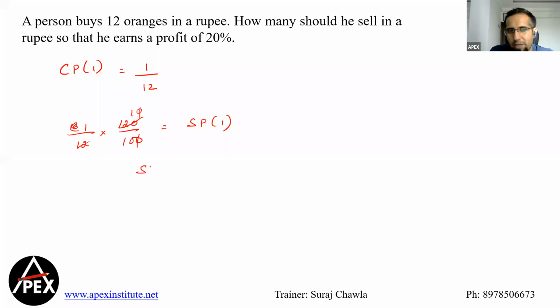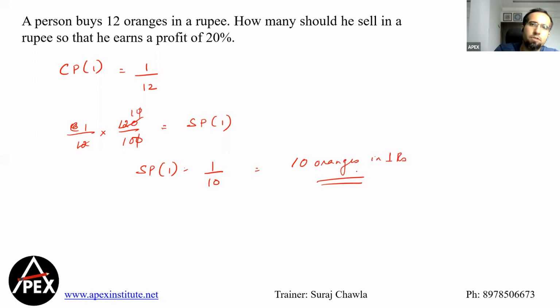So therefore selling price of each orange is equal to 1 by 10, which means he should sell 10 oranges in 1 rupee to make a 20% profit. Clear, guys?